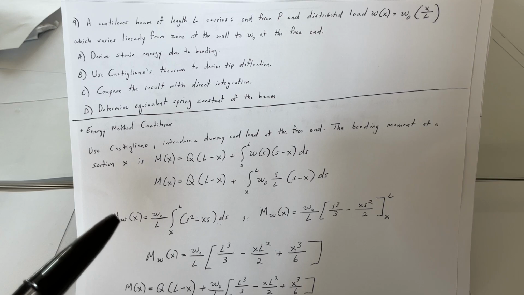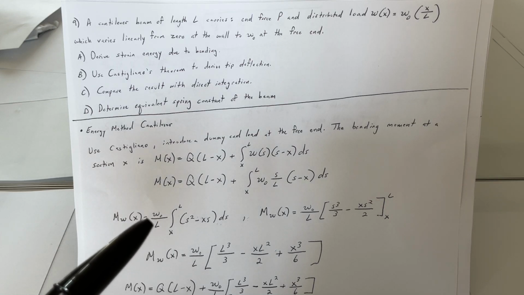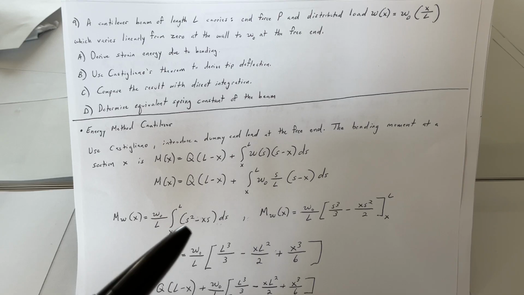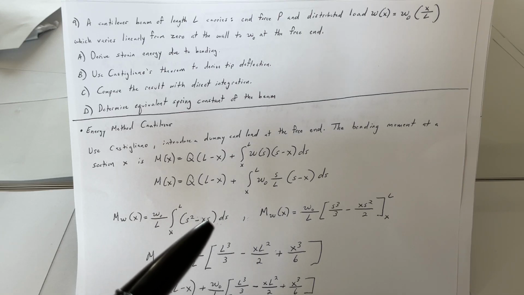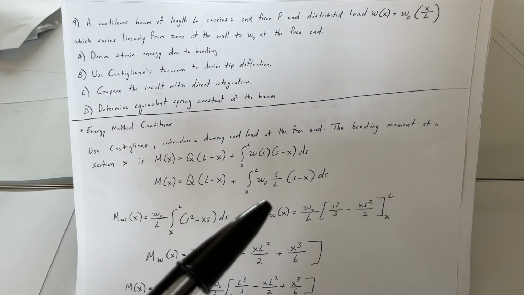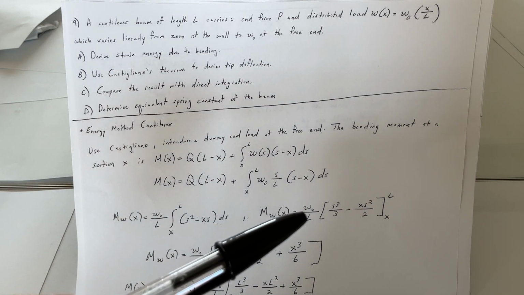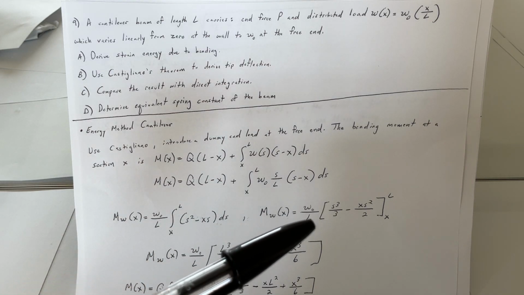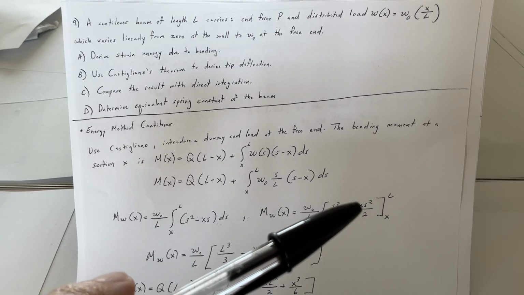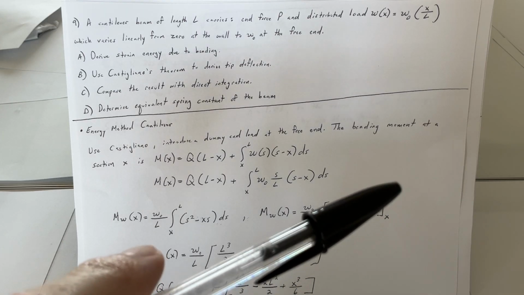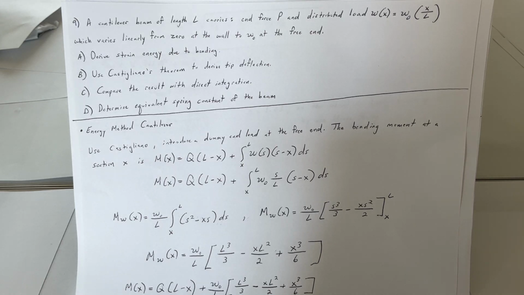So M sub w of x equals w naught over L times the integral from x to L of (s squared minus xs) ds. So M sub w of x equals w naught over L times (s cubed over 3 minus x s squared over 2), with x and L as bounds.